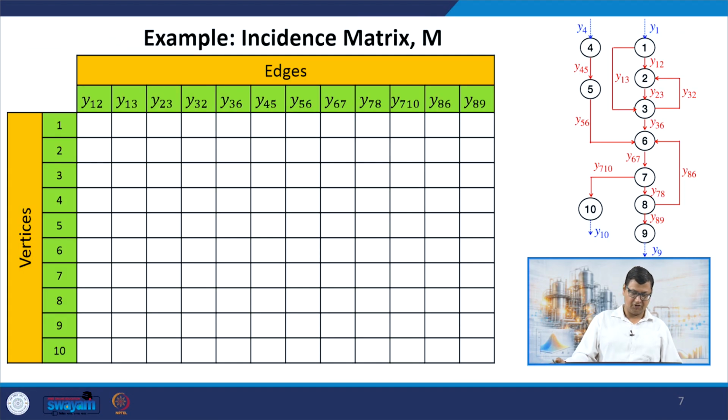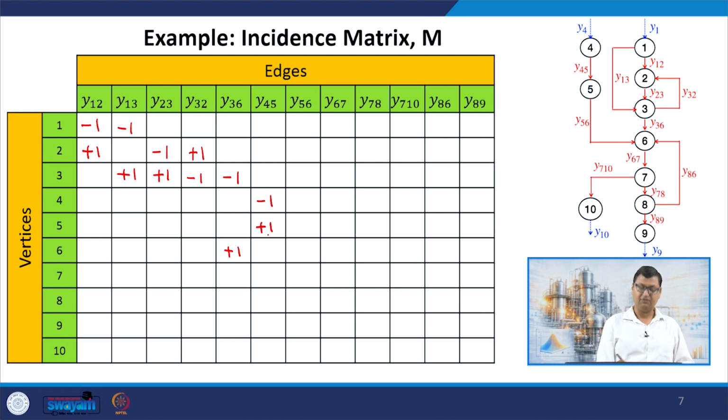So, for y12, I put a -1 for 1 and +1 for 2. For y13, -1 for 1, +1 for 3. For y23, similarly, -1 for 2, +1 for 3. For y32, -1 for 3, +1 for 2. For y36, -1 for 3, +1 for 6. For y45, -1 for 4, +1 for 5.